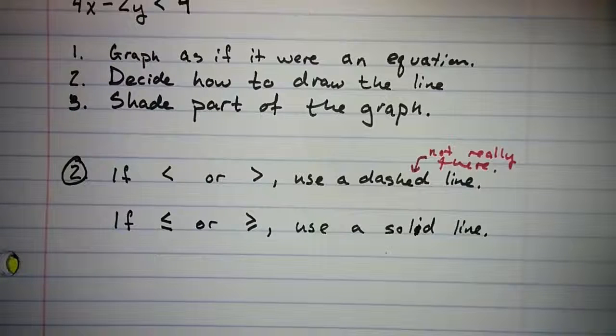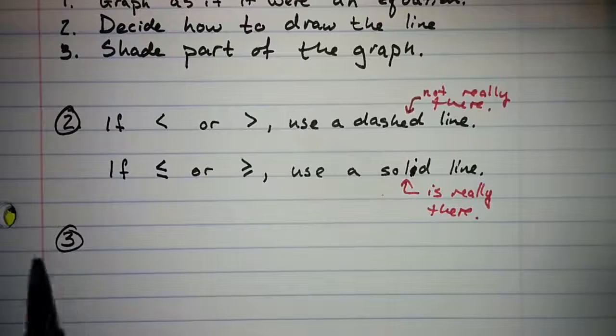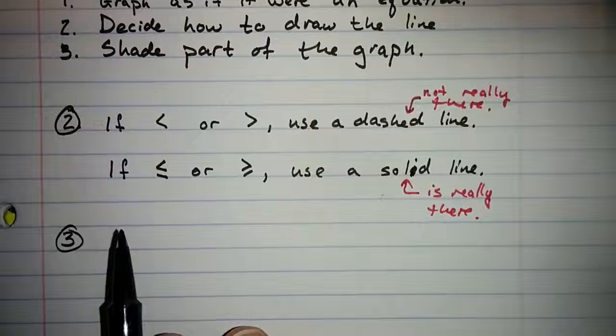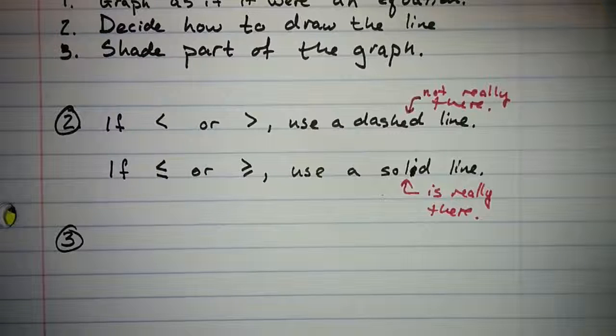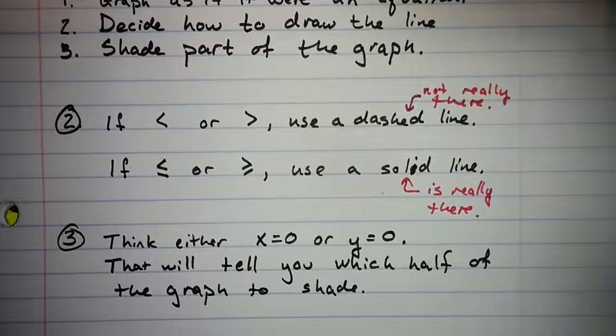Right, a solid line is really there. How about 3? How do we decide which part of the graph to shade? Well, again, there are a lot of ways to do this. But the way that I like is to just think about basically the axes. That will tell you which half of the graph to shade.